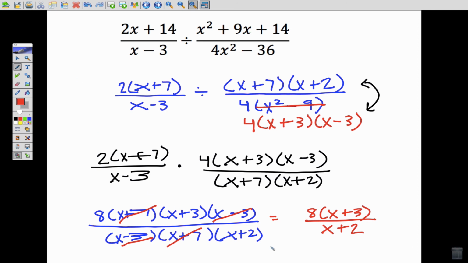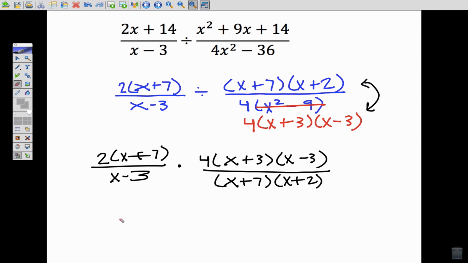Okay? Now, if you wanted to cancel stuff a little bit earlier on, that is also an option. So I'm looking back at this fraction right here. And I like to put this in parentheses if I'm going to look at canceling, because I'm like, okay, this is a whole factor together. So this divided by this is 1, so they cancel.